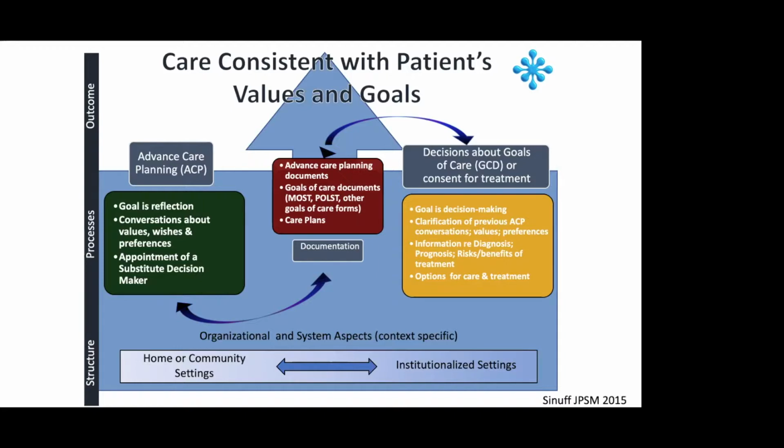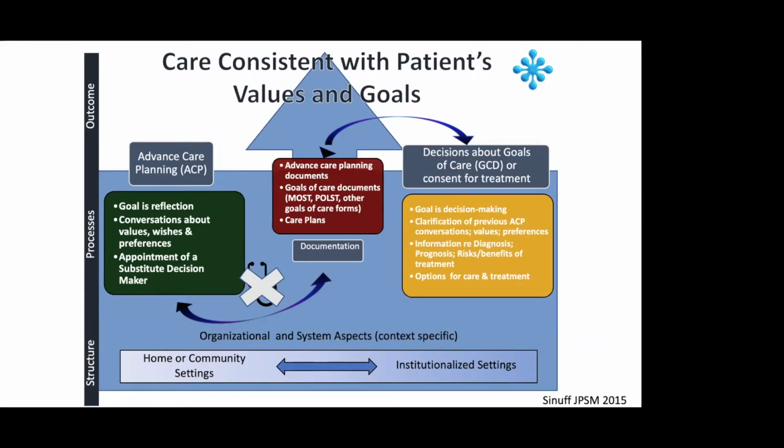We use the word advanced care planning, and unfortunately, I think it's a problem because it encompasses all of what's on this figure, when really what it should mean is that more decontextualized conversation where we're initiating a conversation with a person or a patient about their wishes and preferences, and perhaps most importantly, encouraging and enabling them to nominate someone to make decisions for them in the event that they become incapacitated. So that typically happens in a home or a community-based setting.